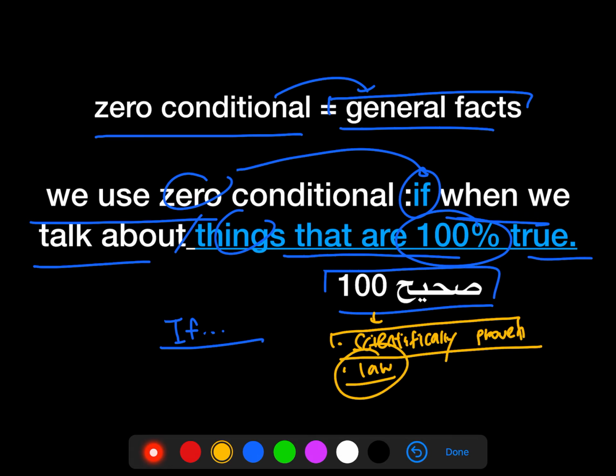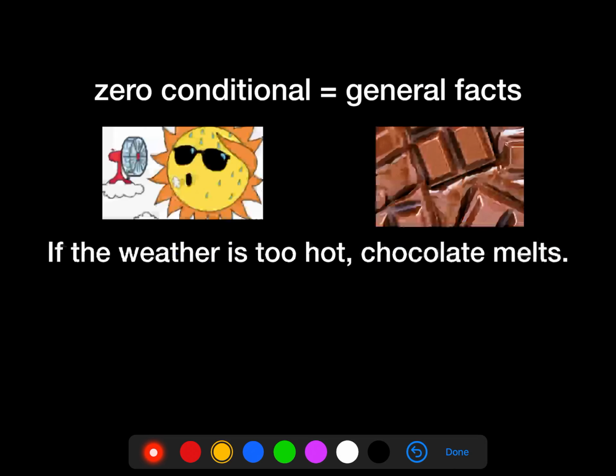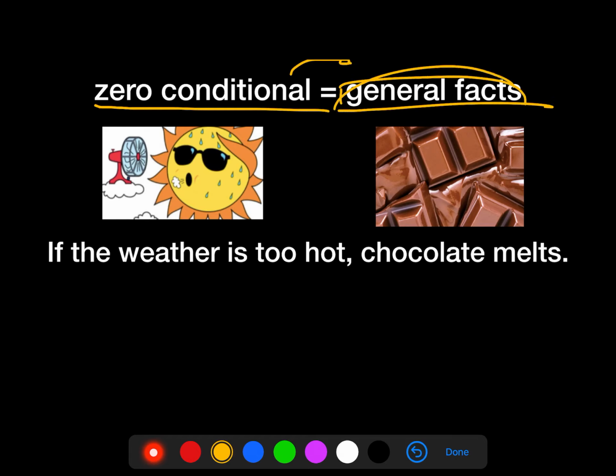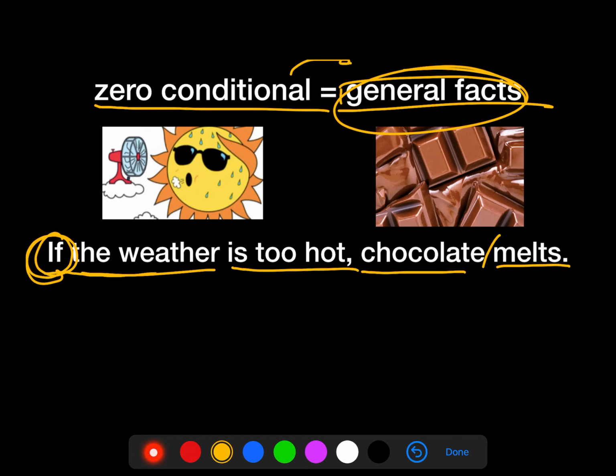So let's have a look at the example. Zero conditional, as I said, is for talking about general facts. As an example: if the weather is too hot, chocolate melts.